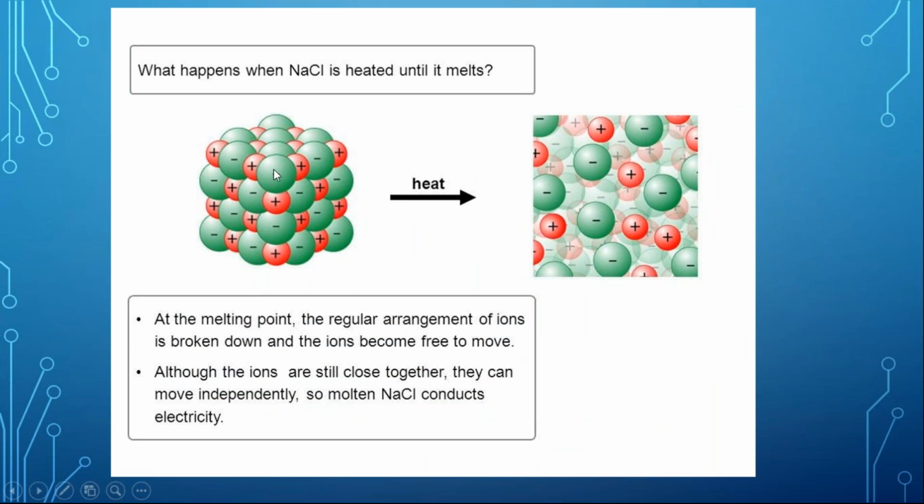So see here how it is arranged, each positive ion is surrounded by negative ions, and similarly each negative ion is surrounded by positive ions.